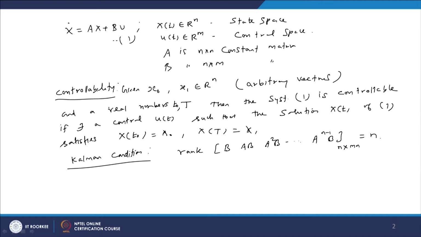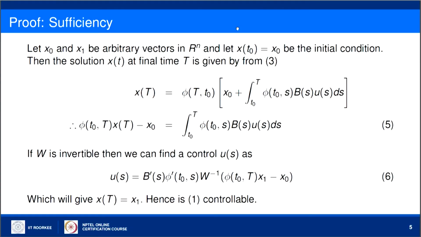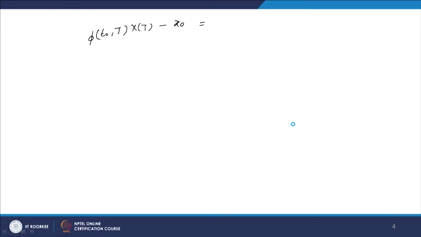So, if we substitute this control B transpose phi transpose into this expression, we will get the value phi t naught T into x1 minus x naught.